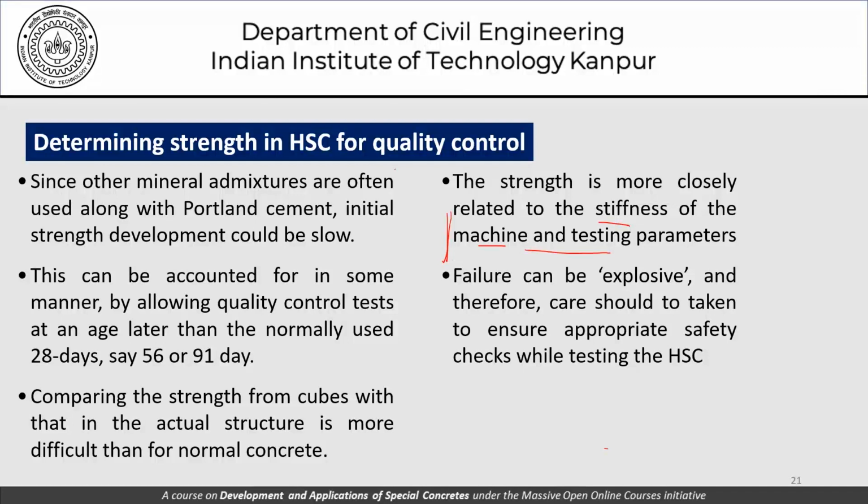Failure can be explosive, and therefore care should be taken to ensure appropriate safety checks while testing high strength concretes. This is on record in the literature, and I would like you to read a little more about the nature of failure in high strength concrete in terms of its brittle nature.